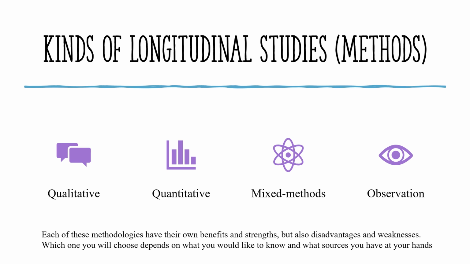Okay? As with any kind of research, you will start with the research questions. So essentially, what is it that you would like to know? When you have defined your research questions, you will think what can help you to find answers to the question that you have, or multiple questions if you have them.